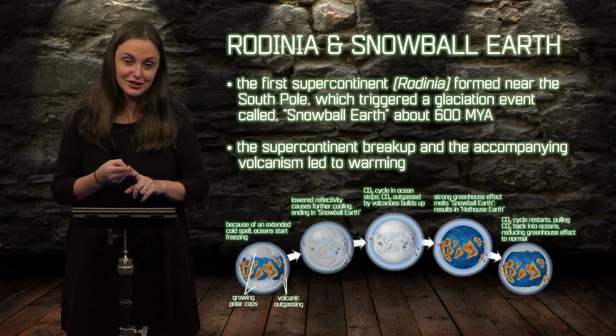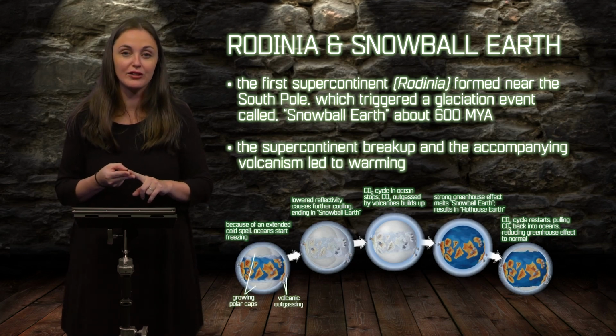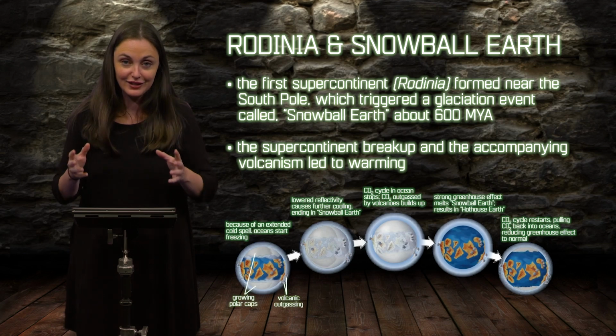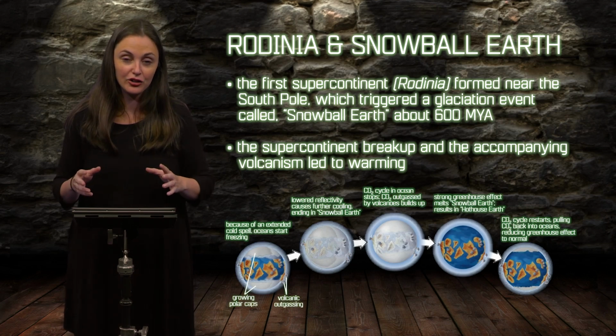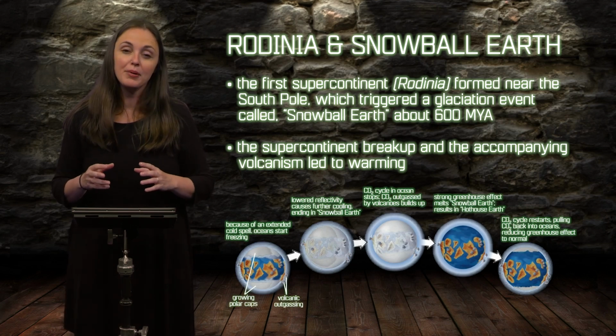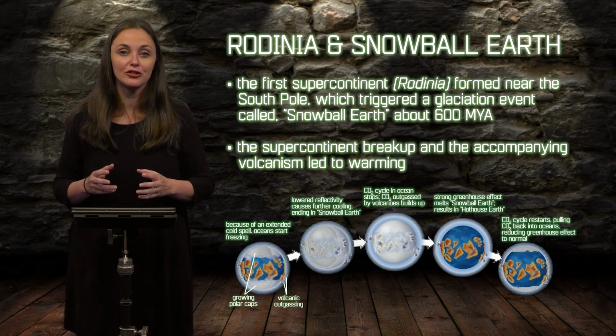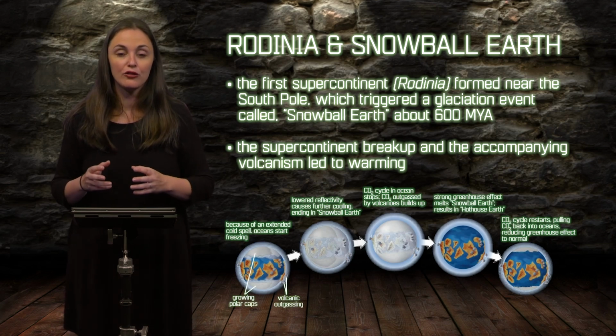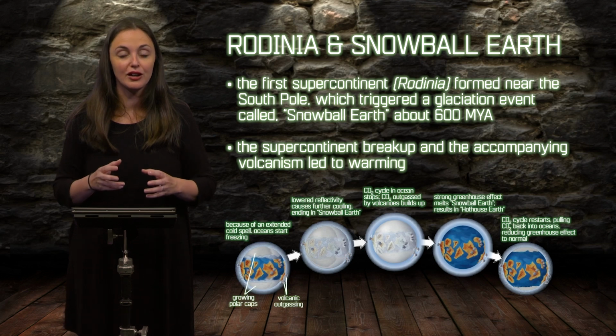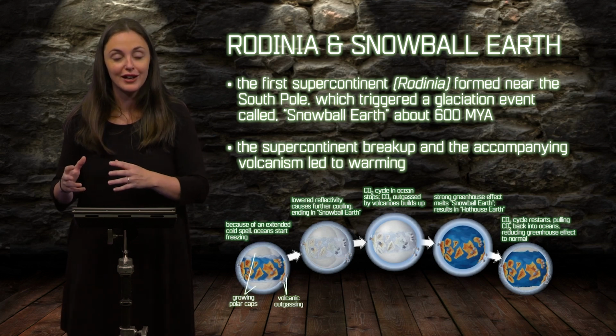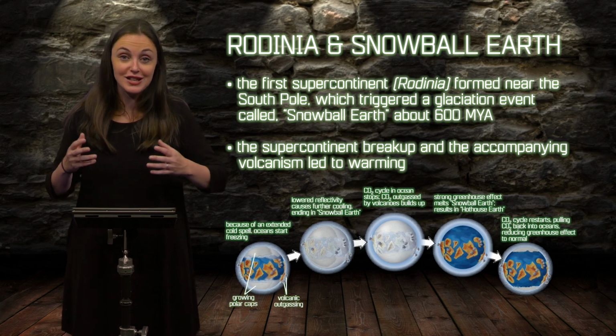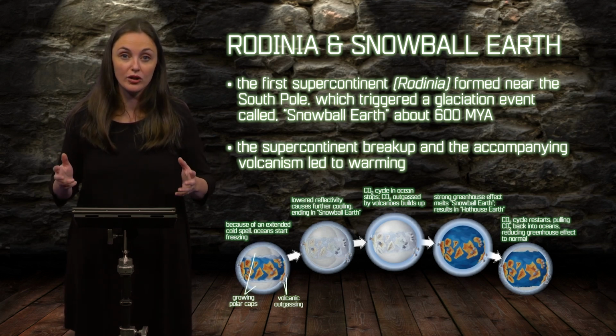The science is still continuing. The jury's still out on whether this was a complete glaciation event where ice covered the entire Earth or it just covered most of the Earth. But either way, we call this period in Earth history Snowball Earth. The formation of the Rodinian supercontinent formed Snowball Earth. And it's another one of these terms I like because it tells you exactly what Earth looked like at this time. Earth was a snowball.